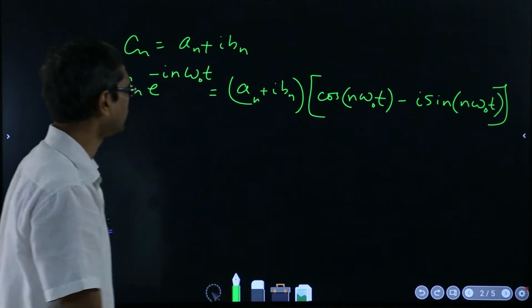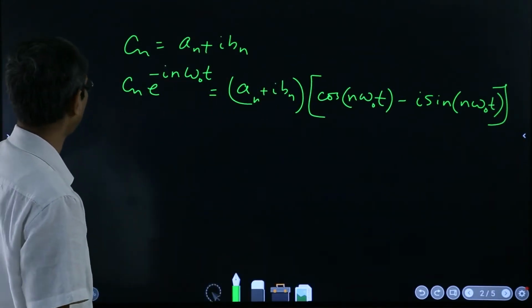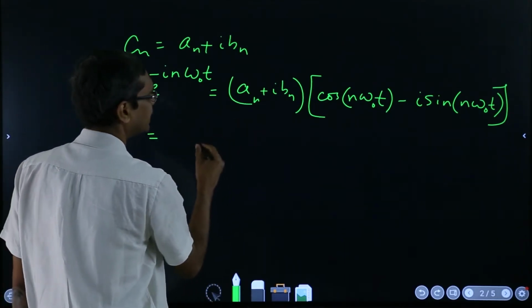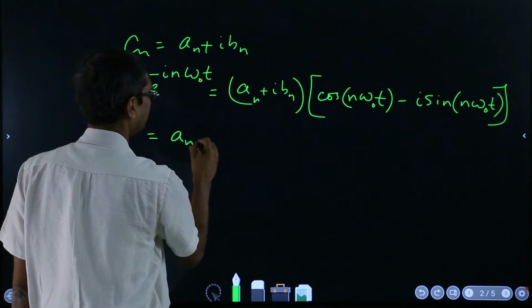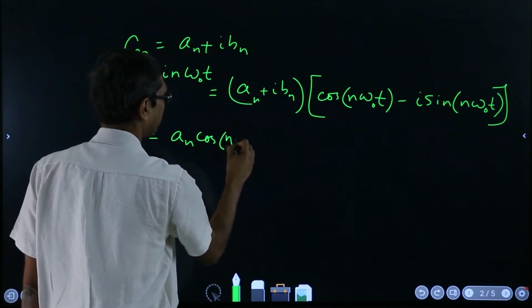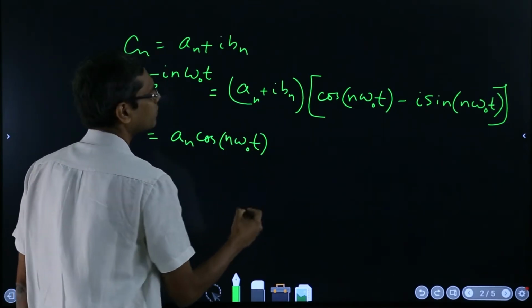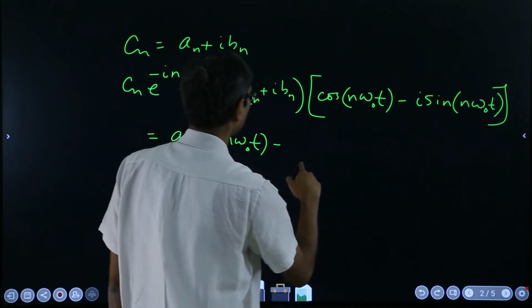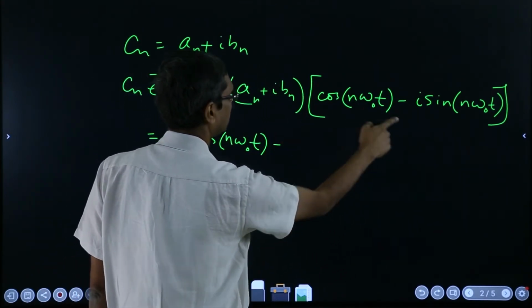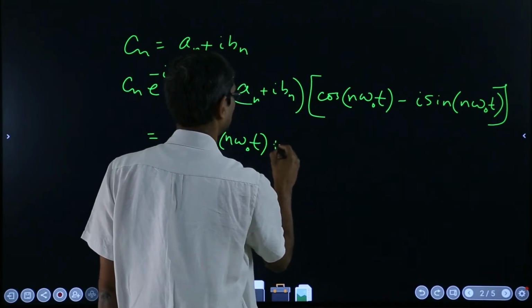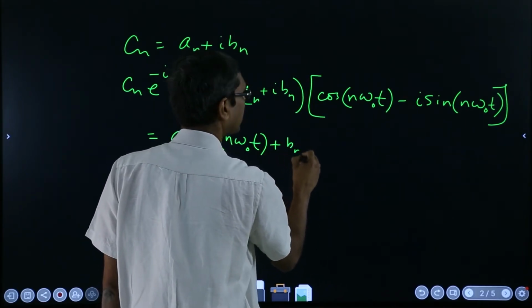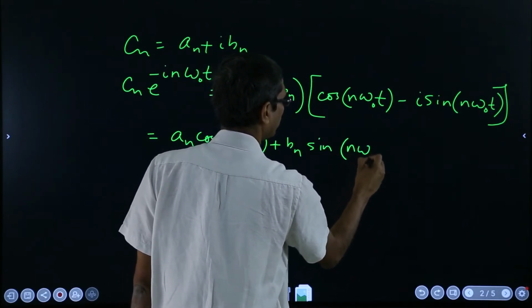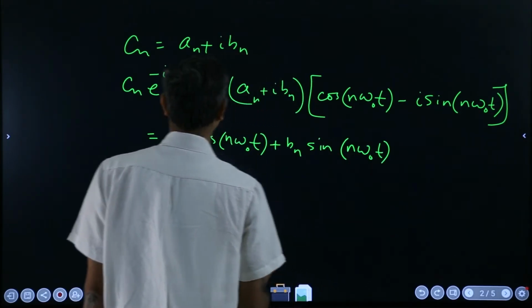So, this is what you will get, but then if you expand it, you will get An cosine of n omega naught t. Then I will take the other terms, so that I will get i squared minus, so plus here Bn sine of n omega naught t. Okay.